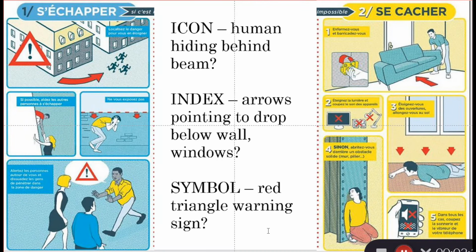A symbol would be an example of the red triangle. Look out! There's a red triangle coming, right? The red triangle warning sign. Again, if you weren't from 21st century modern society, you would not know what that triangle meant, right?